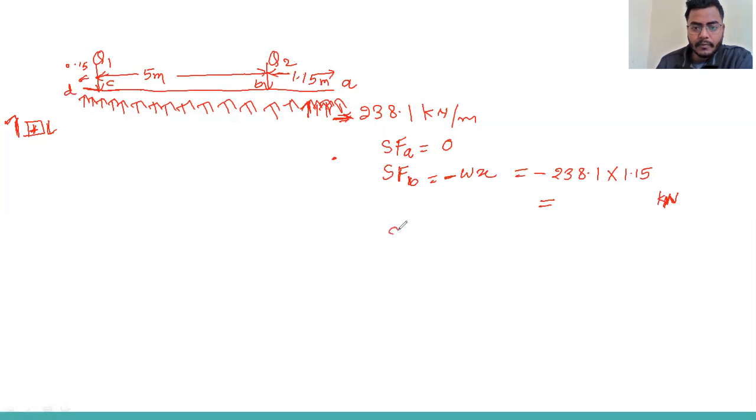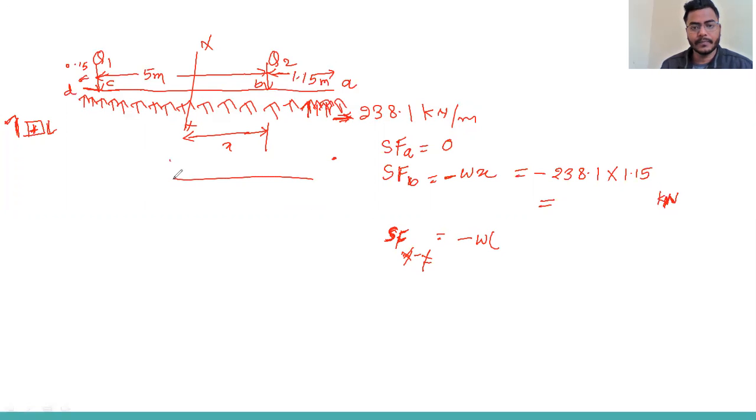Now we can calculate the shear force at a section, suppose XX, which I'm assuming somewhere here, right? And I'm assuming the distance X is measured from this point. So we can write, UDL load is there, so that will be negative W into the total distance from here to here, right?